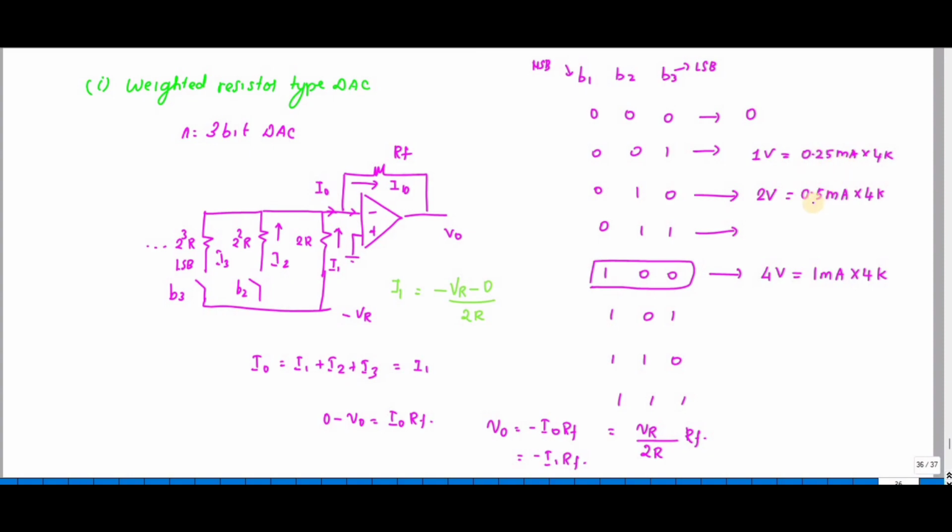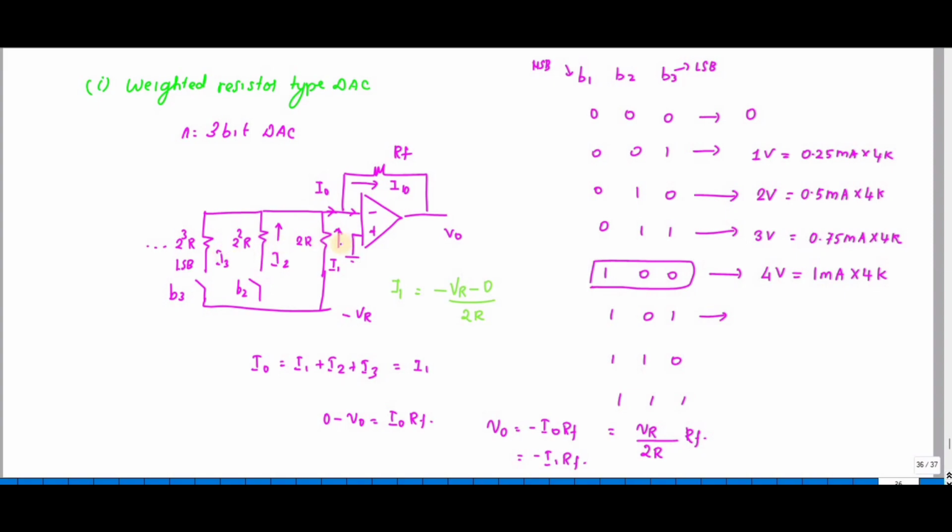If I add these two, I will get this value. This is nothing but 0.75 milliamps into 4. 0.75 is 3 by 4, so that is nothing but 3 volt.